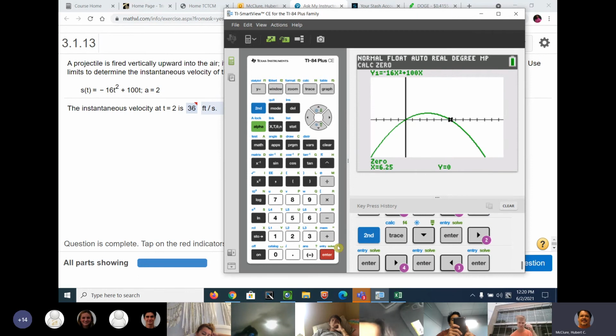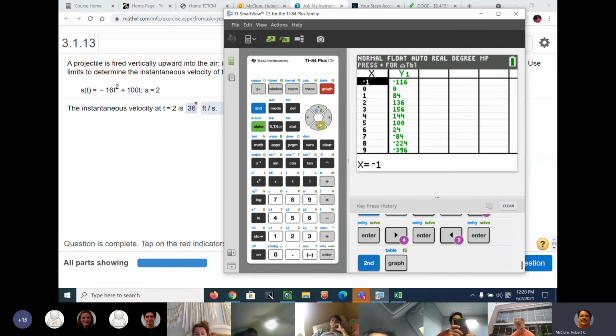And at 6.25 seconds, it hits the ground and is at 0 vertical feet. And this is 0, 0. Okay, so I just drew this, and you can hit second table and you can find whatever you need to for those points. At 2 seconds, it's equal to 136 and so on. Okay.